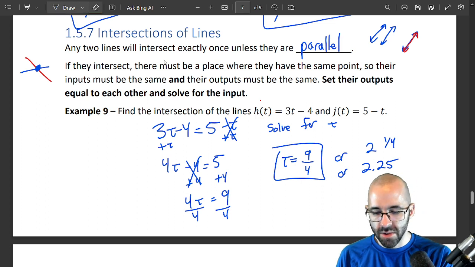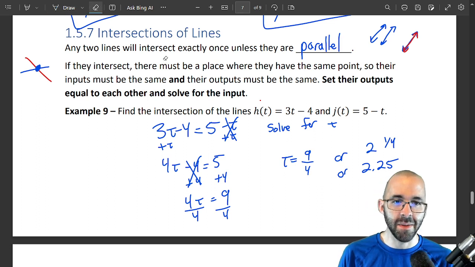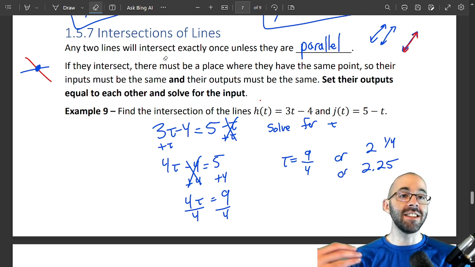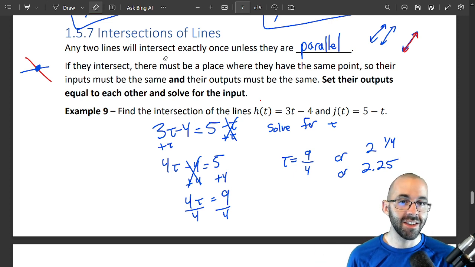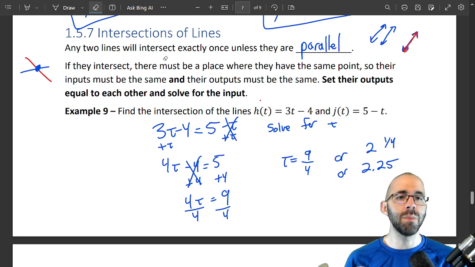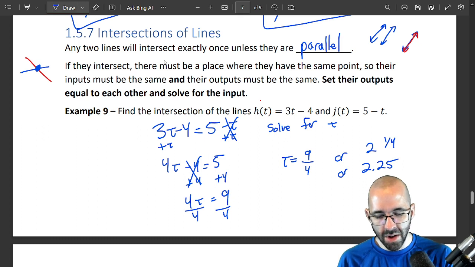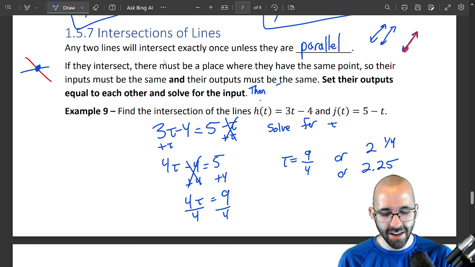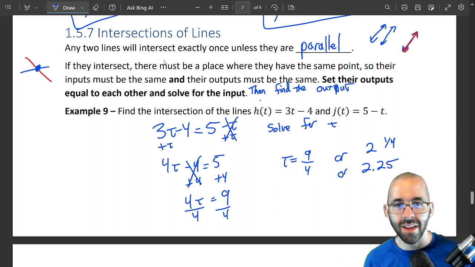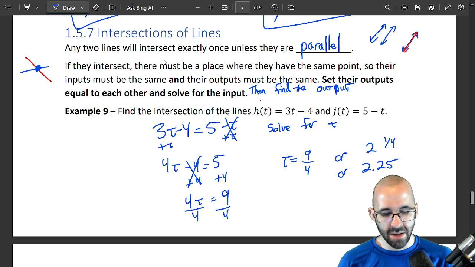All right, and I got ahead of myself. This is the input that makes this true. But we also need to find the intersection. We need an input and an output. So solve for the input and then find the output. The question for you, I want you to think about: does it matter?